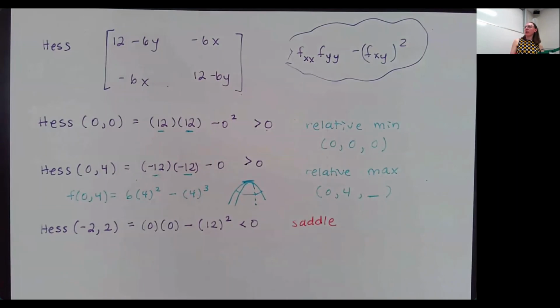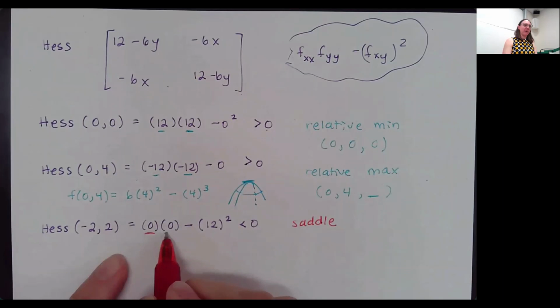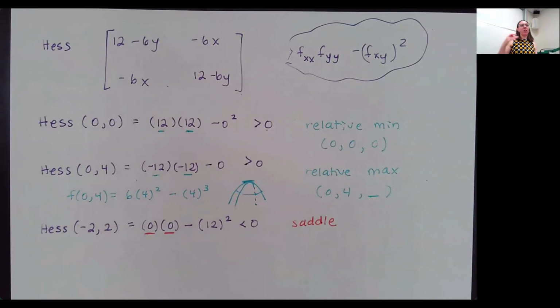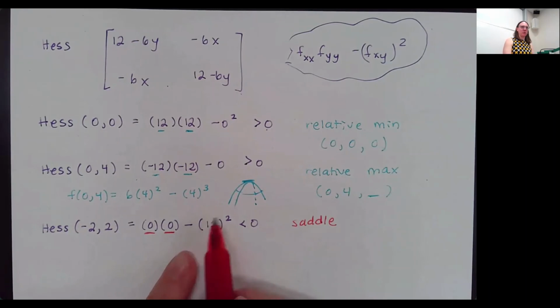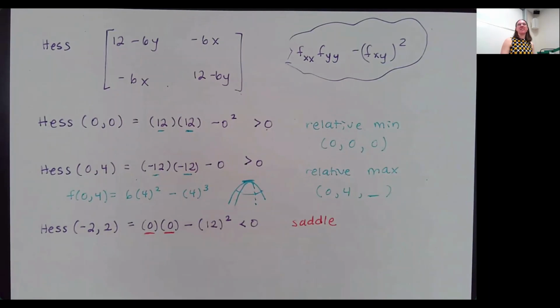And this is what I was talking about when I said that extra piece on the end, looking at the mixed partial derivatives, that really comes into play when I'm very flat. So when my concavity in the x direction and my concavity in the y direction are both nearly 0, or in this case, actually 0, that's when this mixed partial derivative really influences the shape of the graph.